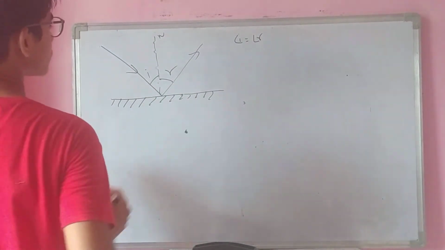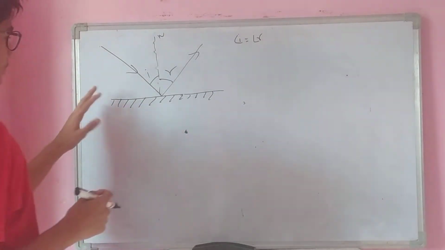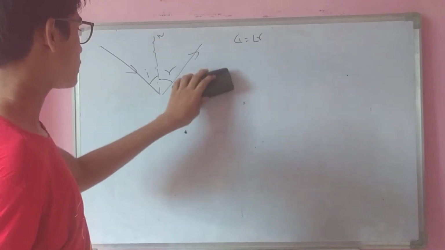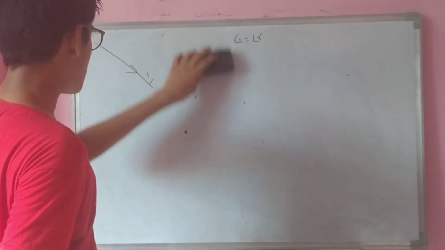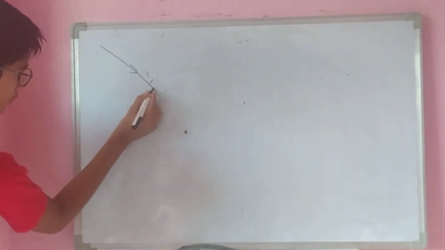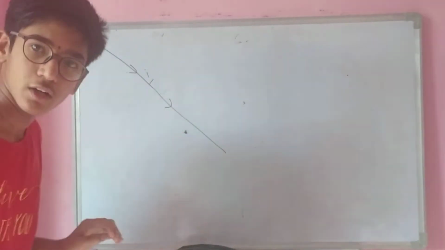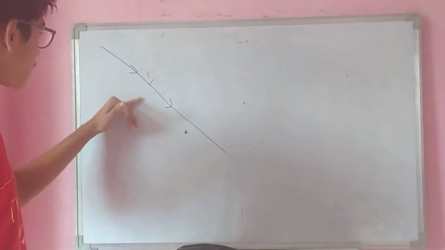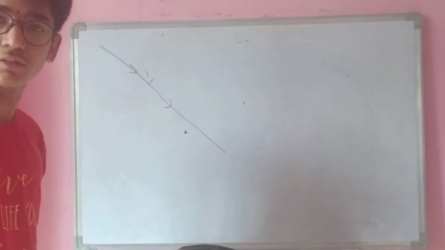Now, let us consider that this plane mirror is not kept. How will the light ray go? It will go like this only. If I didn't keep the plane mirror, the light ray would go like this only.